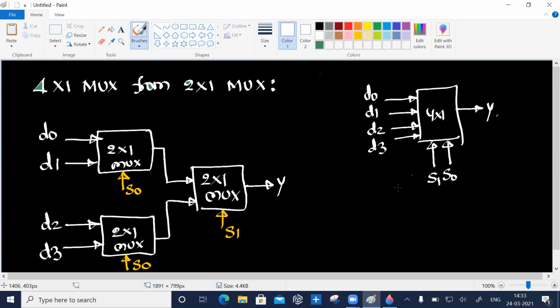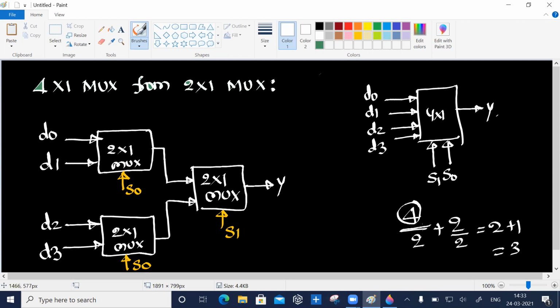Now for this 4 by 1 mux, see how you are doing it: I have a 4 by 1 mux, I will divide by 2. So what will I get now? I'll get 2, right? Now this 2, whatever you have, again you divide by 2. So what is the total answer here? 2 plus 1, 3. Are you able to understand this? First take 4.